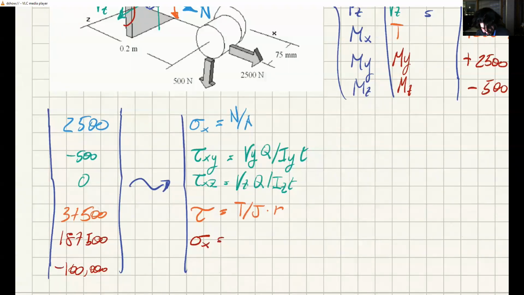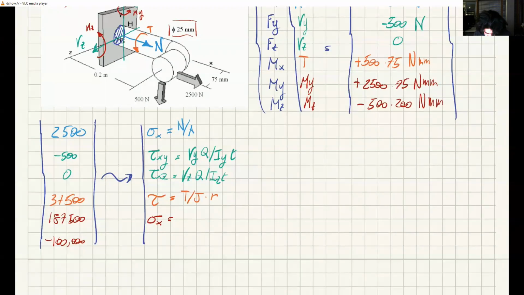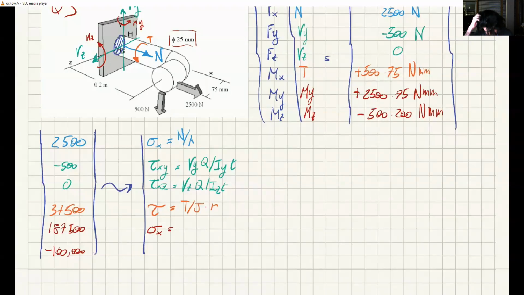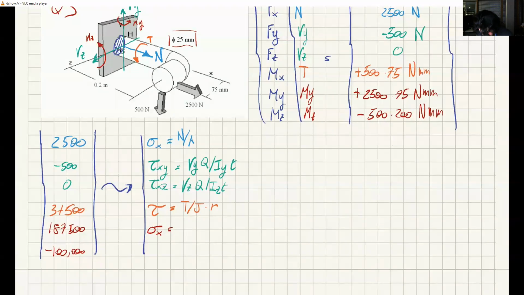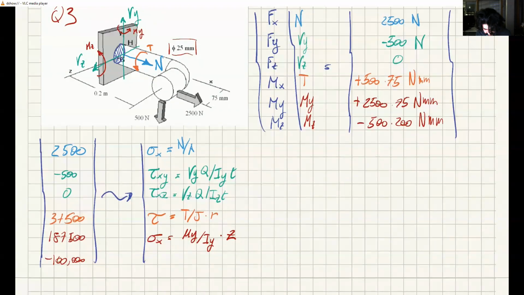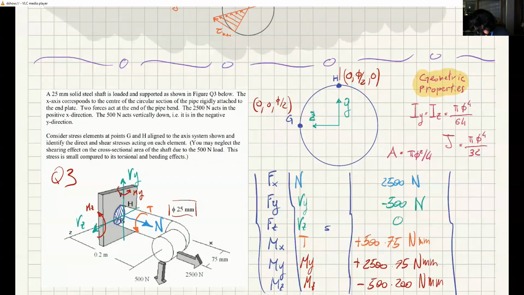Finally, this is always sigma, and if it's sigma, it's always sigma x. There is no way around it. And this is My divided by Iy times z. How do I know it is z? Because in the bending left and right, this bending around y, this is the neutral axis.